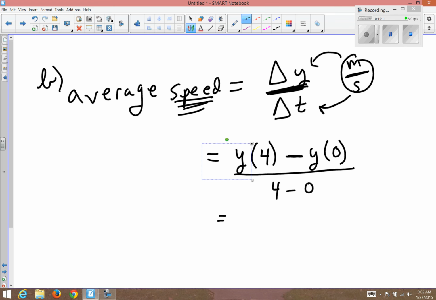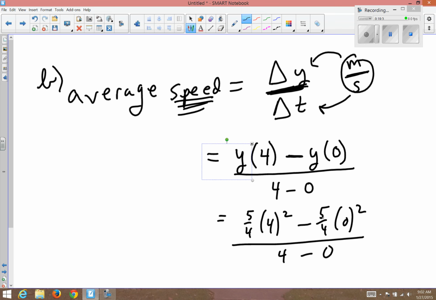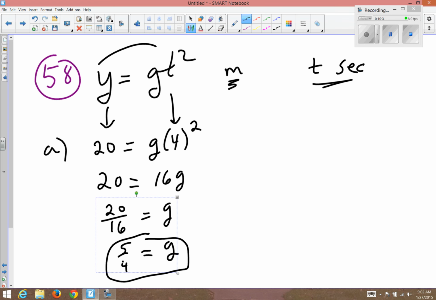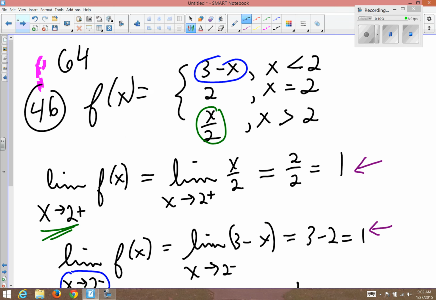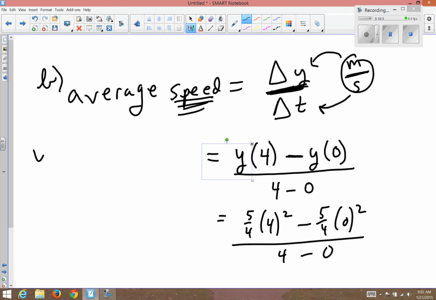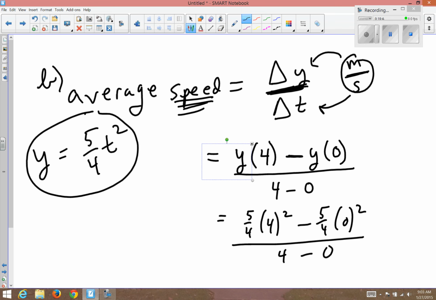And y of 4 means 5/4 times 4 squared. And y of 0 means 5/4 times 0 squared. Because for the y I'm using this, y equals g t squared, using that formula from the given and the g that we found.